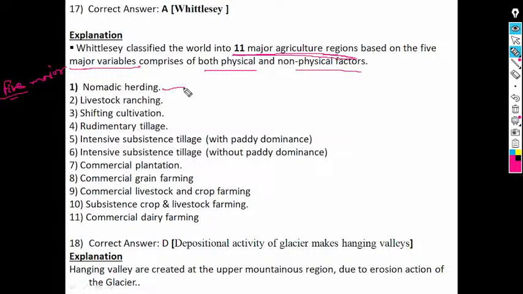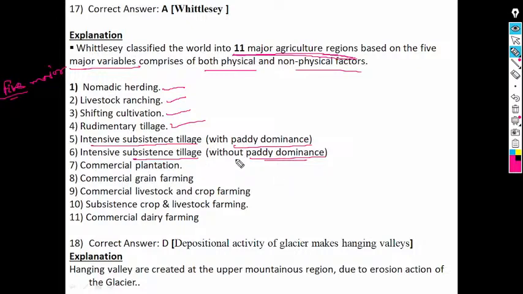That is nomadic hunting, livestock ranching, shifting cultivation, rudimentary tillage, intensive subsistence tillage with paddy dominance, intensive subsistence tillage without paddy dominance, meaning cereal crops like rice, wheat.